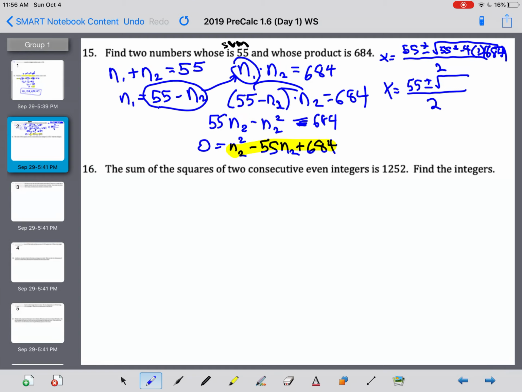I don't have a calculator handy here, so let me just pull up the calculator on my computer.